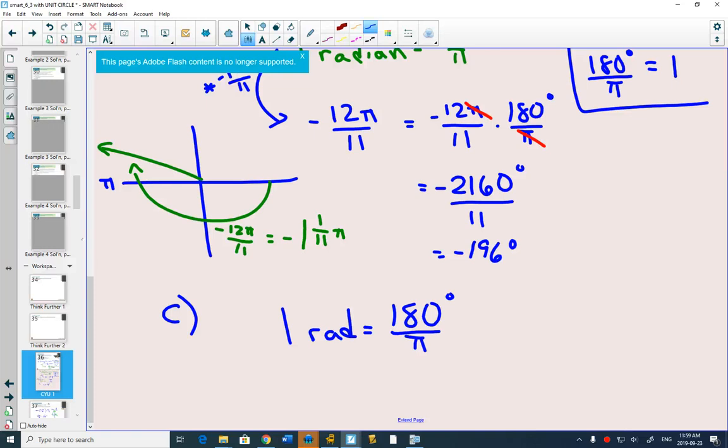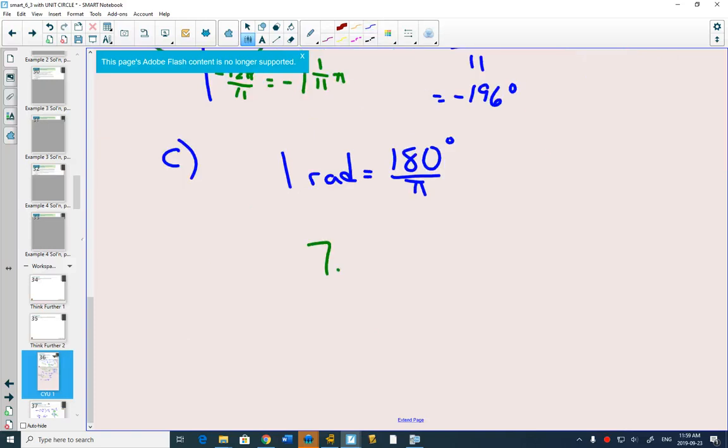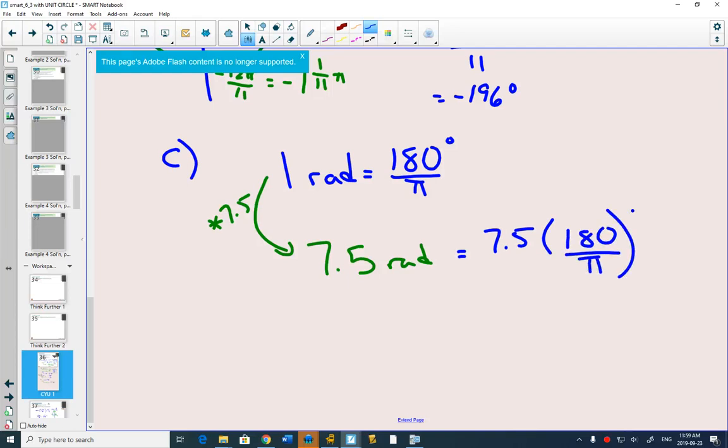If I want to find 7.5 radians, what would I have to multiply by? 7.5. So I would need to do the same thing on this side.